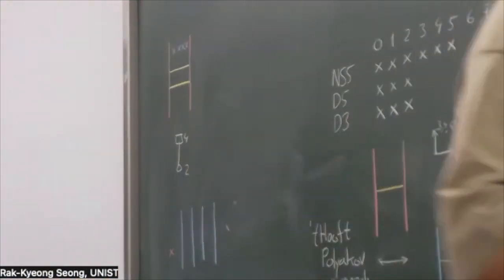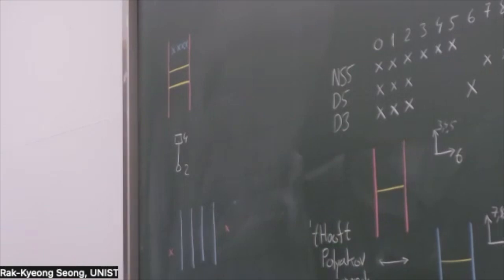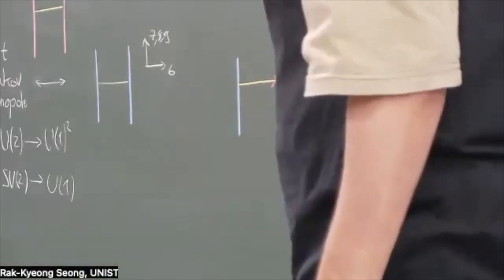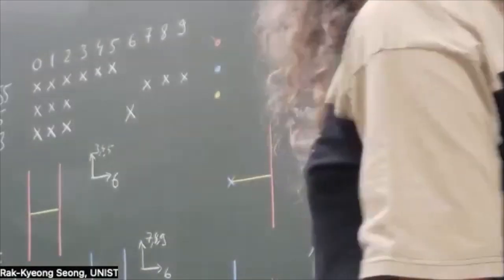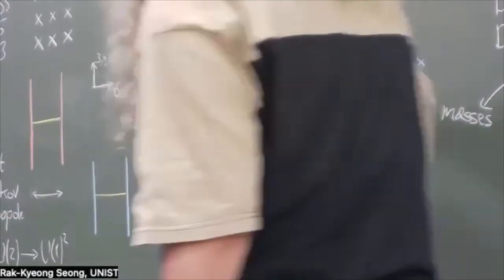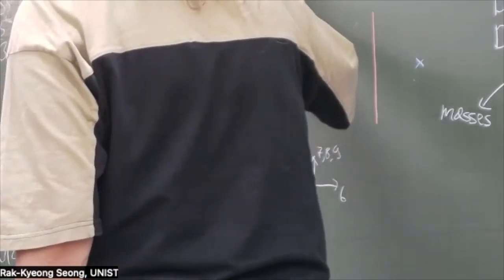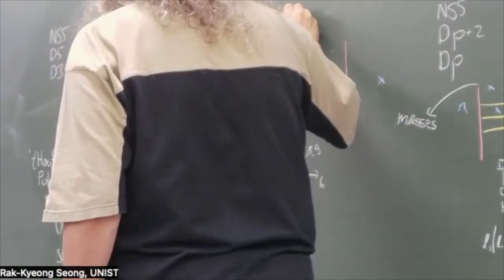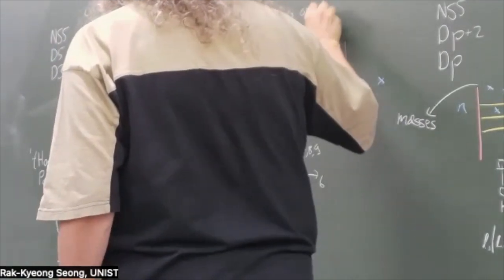I need to add another rule that I will say for the first time today, that when I have such a system, the number of D3 is either 0 or 1.